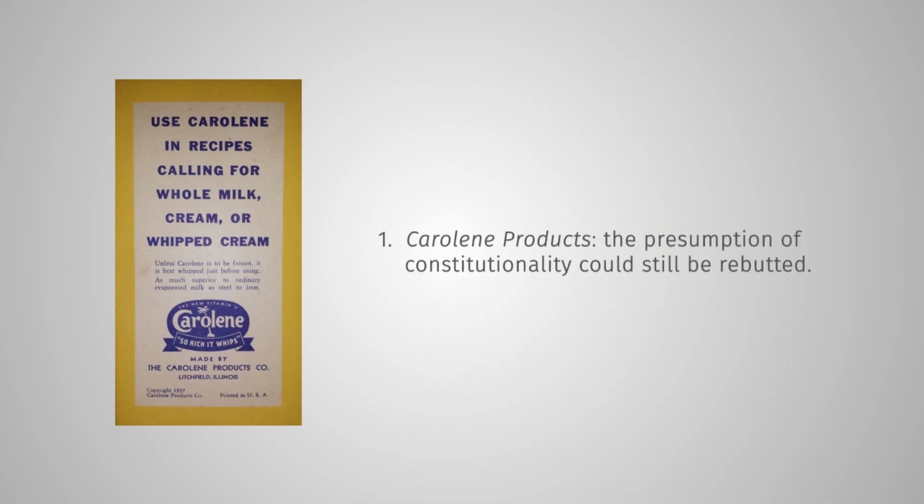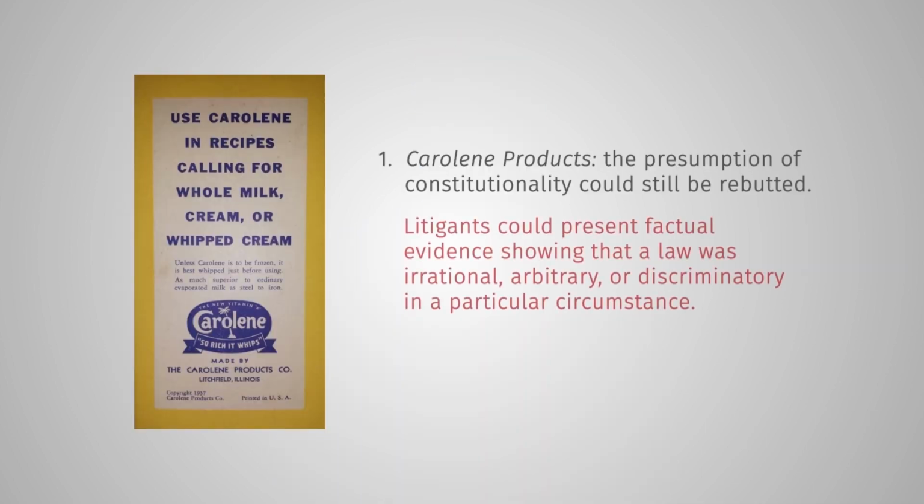First, as explained in the body of Carolene Products, outside of footnote 4, the presumption of constitutionality could still be rebutted. How? Litigants could present factual evidence showing that a law was irrational, arbitrary, or discriminatory in a particular circumstance.